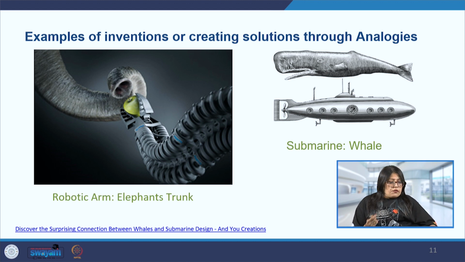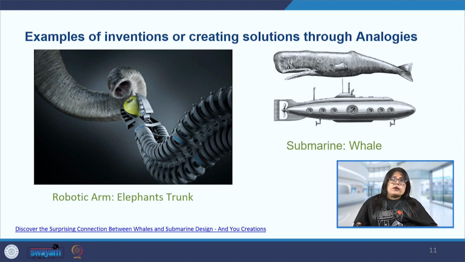Here on the left we can see how this has been developed, which has a slightly similar way of capturing the fruit, where all these parts open up and close on the fruit, and it is very flexible like the trunk of the elephant. And we see this in a lot of sci-fi movies where we have aliens and other things, and we see something similar, which of course has been inspired by the elephant's trunk.